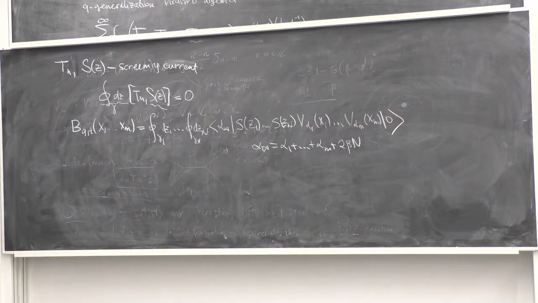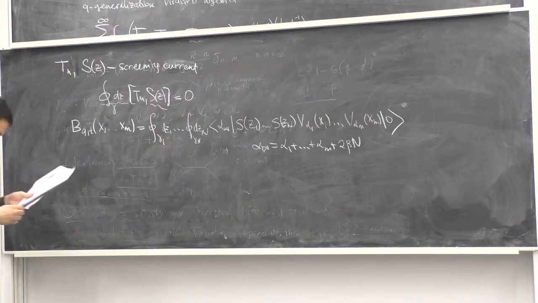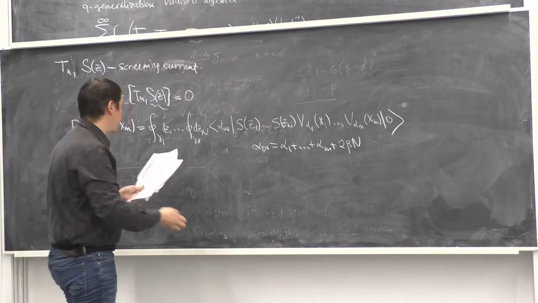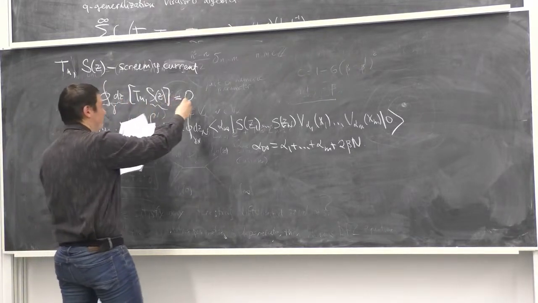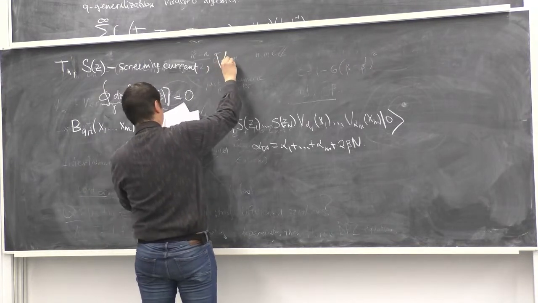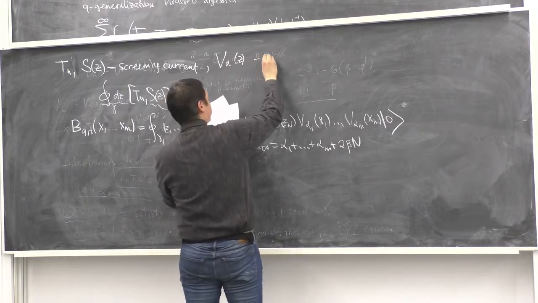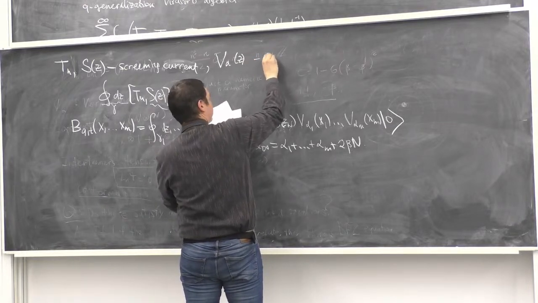There is a constraint on the sum of alpha. And what is V? Excuse me? What is V? V is probably yet another object that I have to define. So V alpha of Z is something which is called the vertex operator.